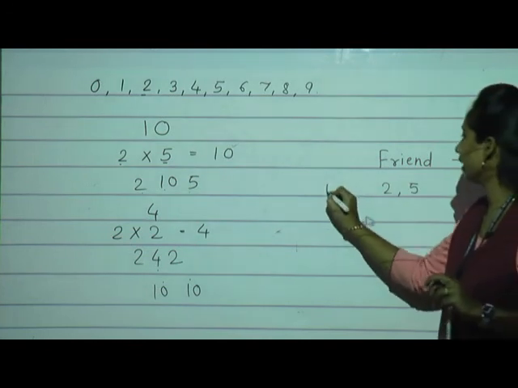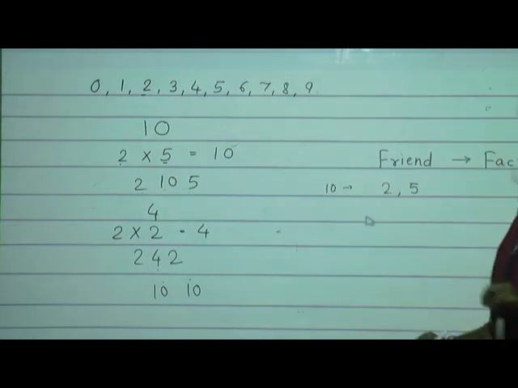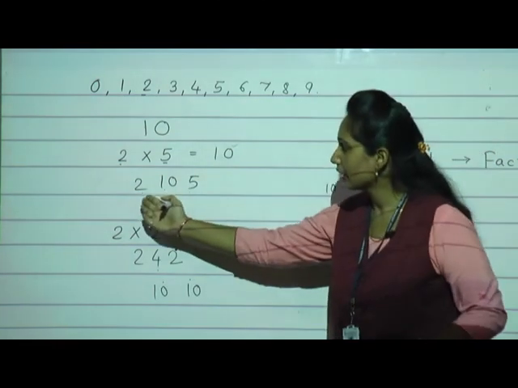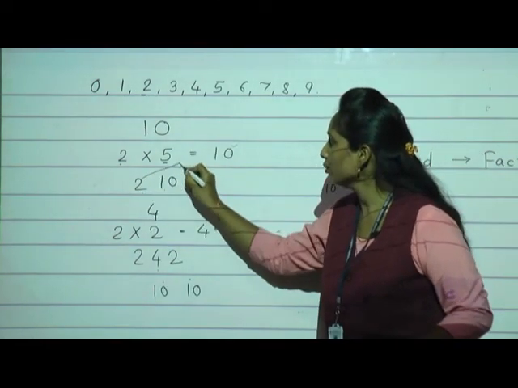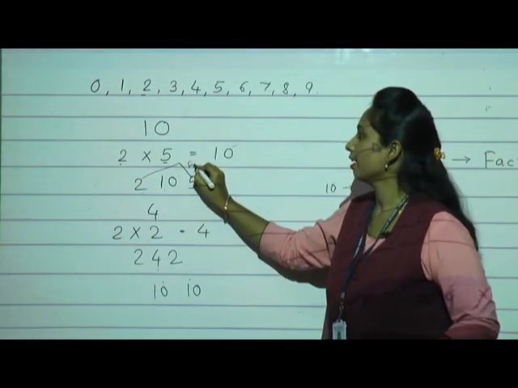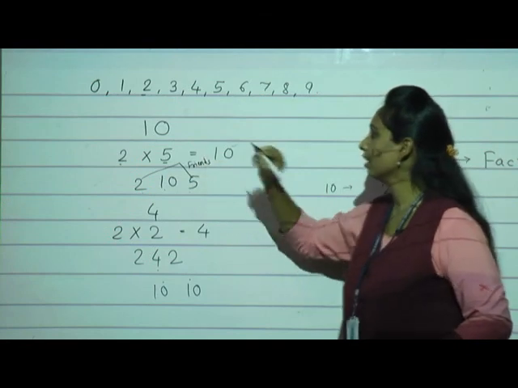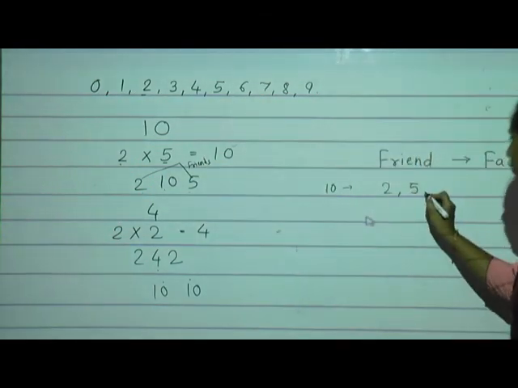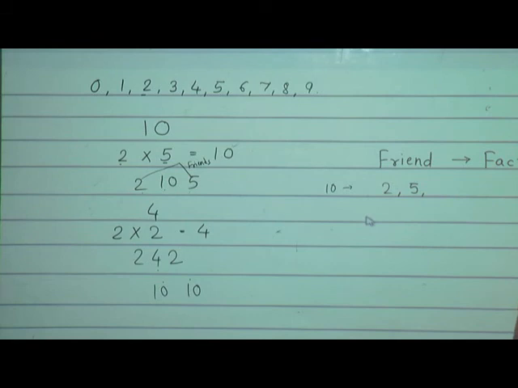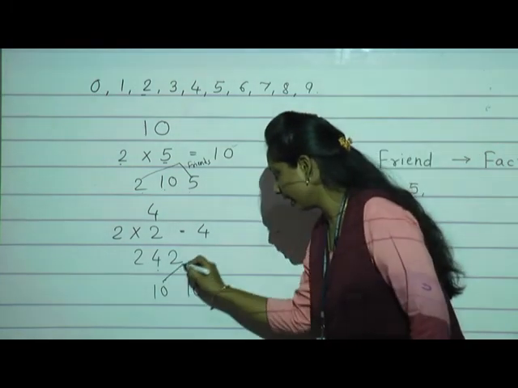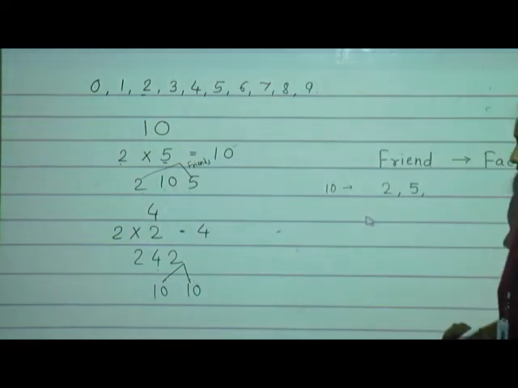For example, 10. If you want to find out the factors of 10, factors means friends of 10. Now see who are the friends of 10? As I said, 2 and 5. These are friends of 10, isn't it? So I have written 2 and 5. Again, see, a number can be a friend of itself, so 10 is also a friend of 10.